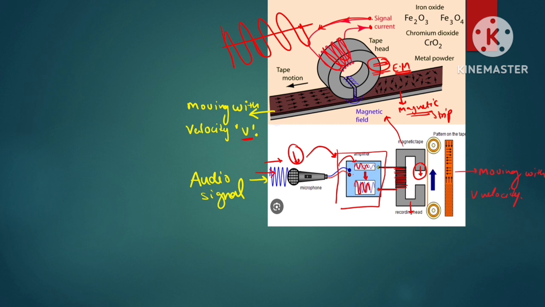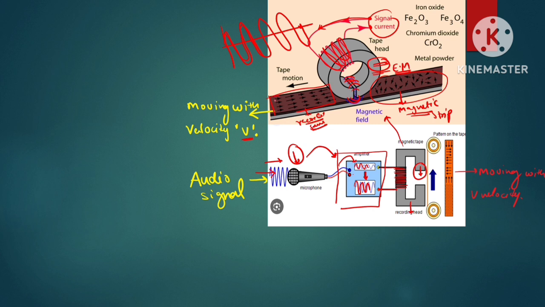According to the amplitude and variation in the electrical current, there will be a varying magnetic field, which will align these magnetic particles in a specific order, and this will work as our recorded data or saved data.